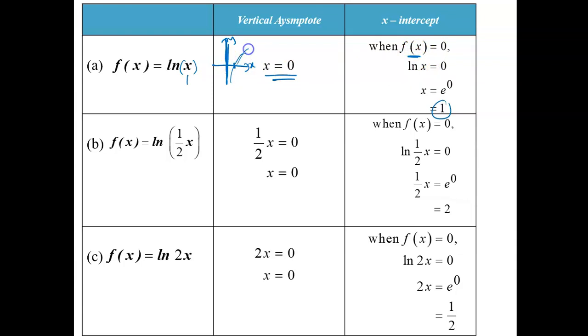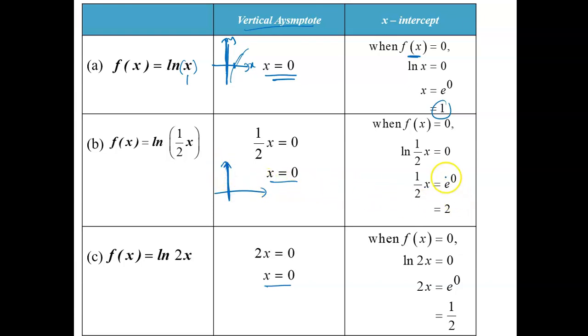The graph will be something like this. For this one here, when x equals 0 there is a vertical asymptote again, so the vertical asymptote for all these three examples is along the y-axis.